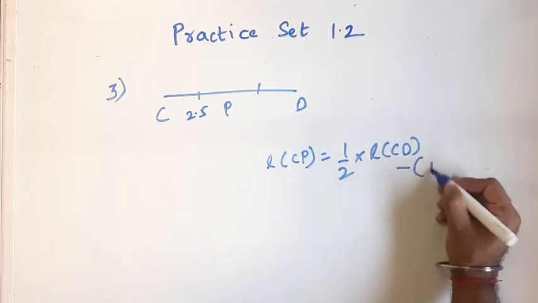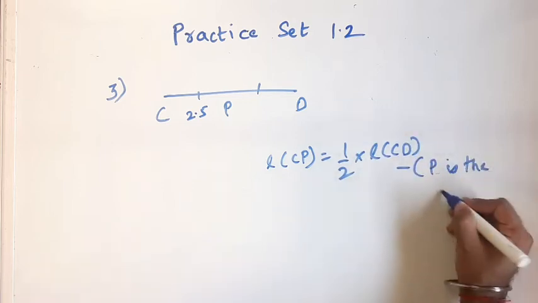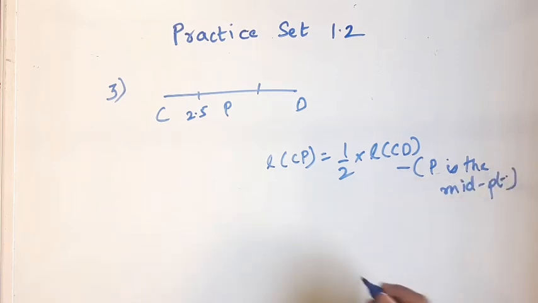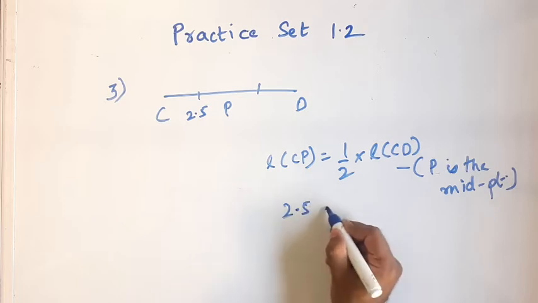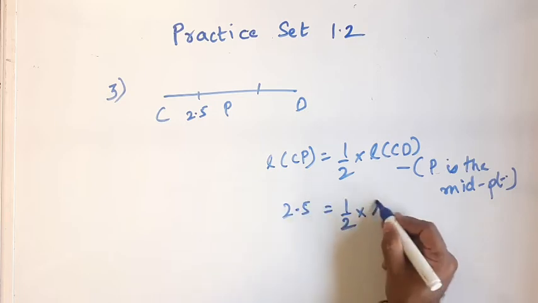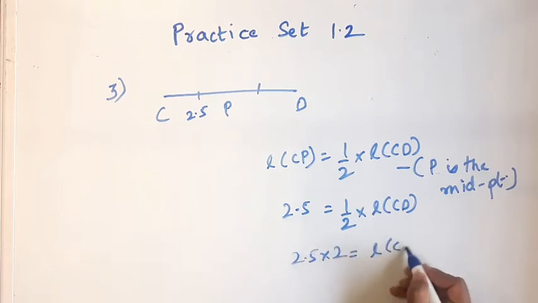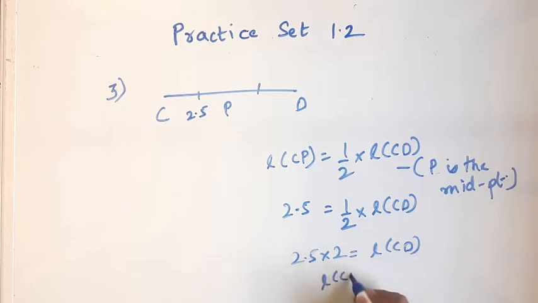You can write here the reason: P is the midpoint. So CP I'll write here 2.5 equals half into length CD. 2 will go here. 2.5 into 2 equals length CD. So length CD equals 5.